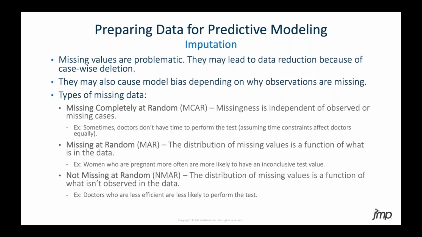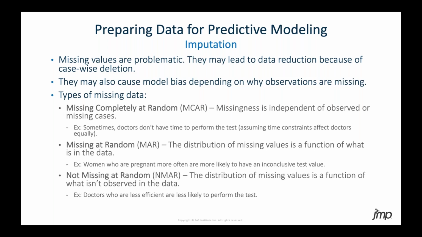So not missing at random is problematic because without any additional information, I really shouldn't be trying to impute these values. Now that said, given what I know about the data set, I may be able to use an imputation technique if I can either supplement this data or provide additional structure.